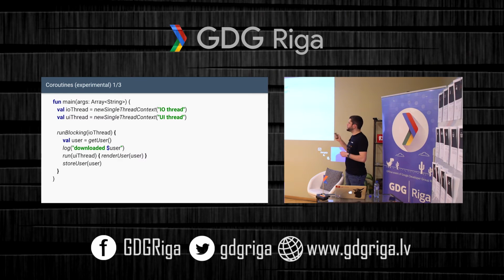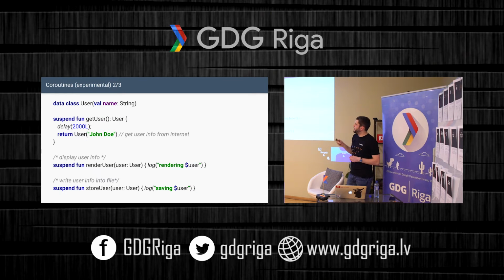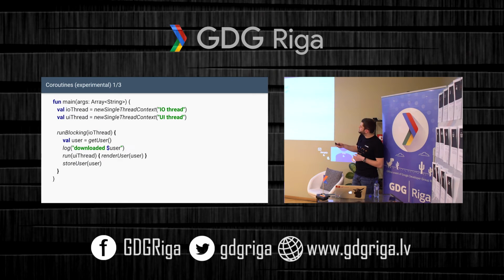Also, the main feature of all of this is that the only keyword added to the language is suspend. Everything else is implemented through the language, as APIs and as a framework, and here, instead of the single thread context that I'm using, it can be anything.